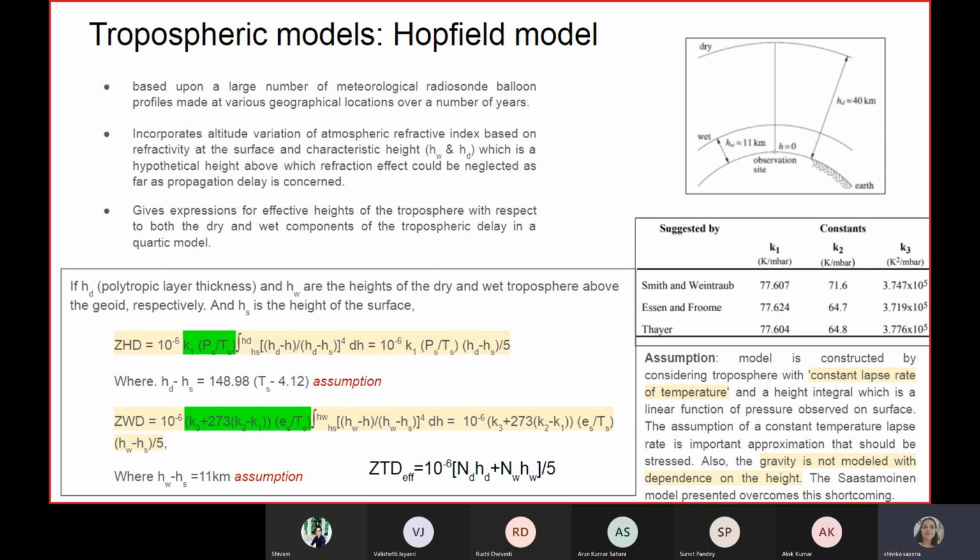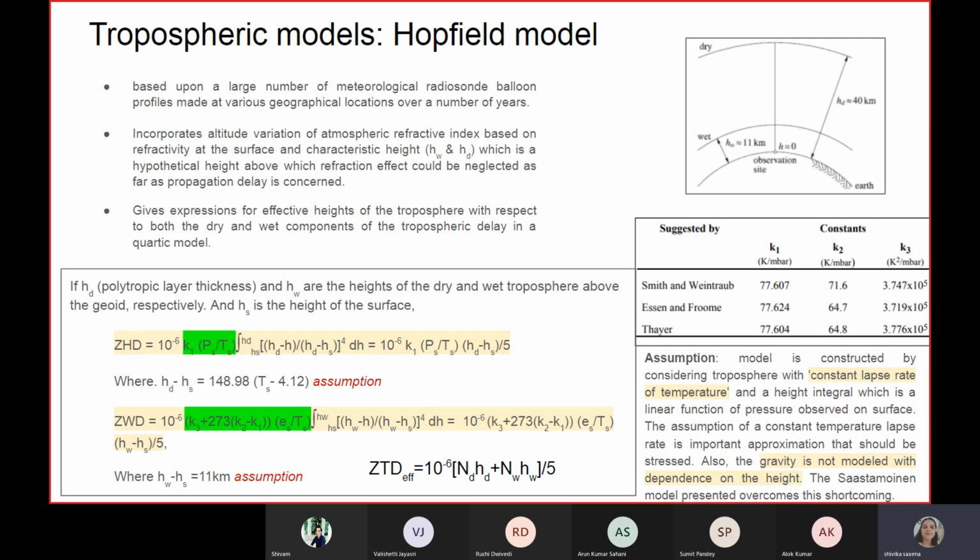So these two models we saw in the last lecture. The Hopfield model gives us characteristic heights. So whenever you hear the Hopfield word, you associate it directly with the characteristic heights for the wet troposphere and dry troposphere. It gives us an expression for effective heights of the troposphere with respect to both the dry and wet components of the delay. Till what height the wet component is prevalent and till what height the dry component is prevalent.